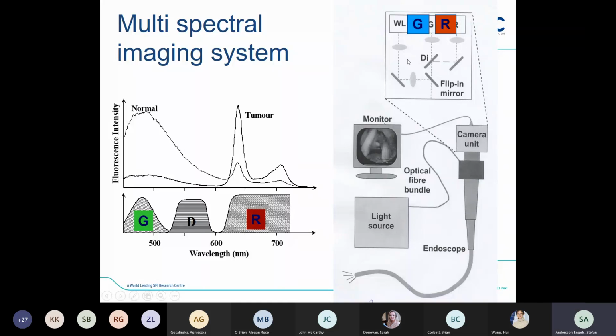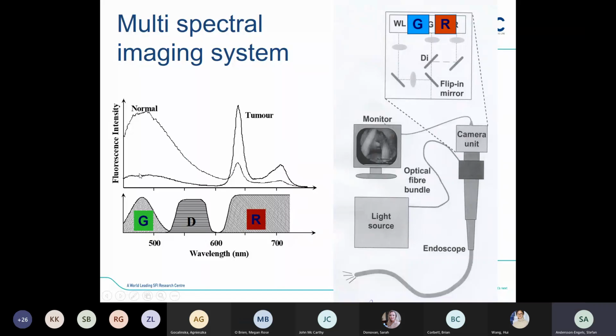Here we have a camera unit with a few dichroic mirrors to get green and red, and actually we had 4 of them in this type of setup. And we also have a flip-in mirror to have the white light image. And then we tried to diagnose from the spectroscopic information what is tumor and what is normal tissue.